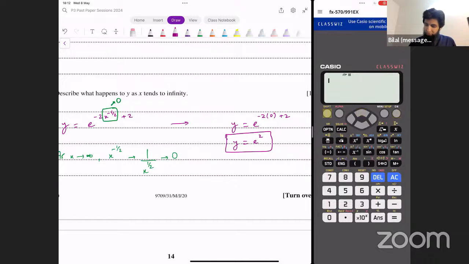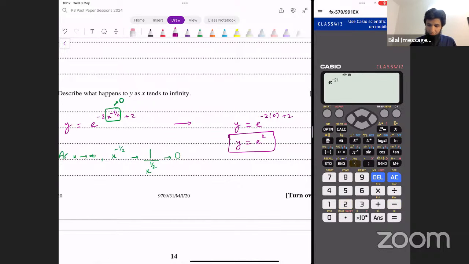E raised to the power minus 2 into x, which has to be some large value. Let's actually put a larger value.